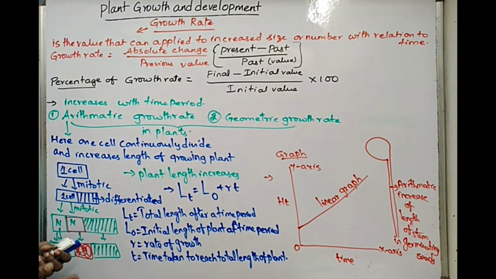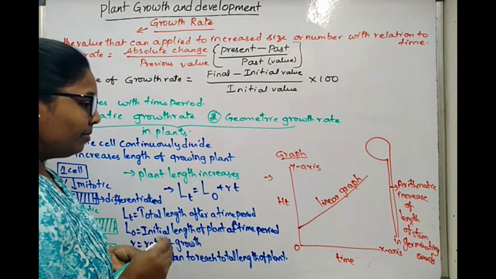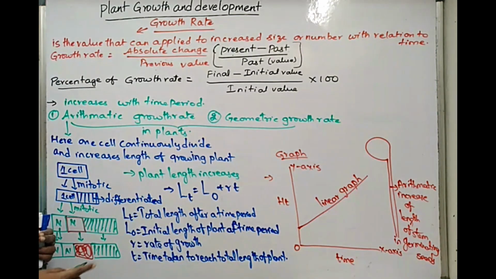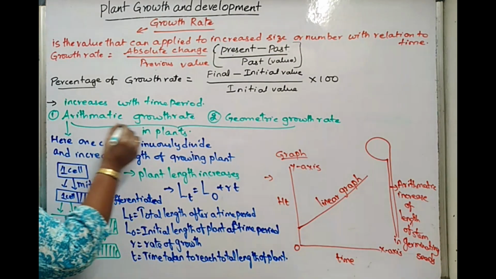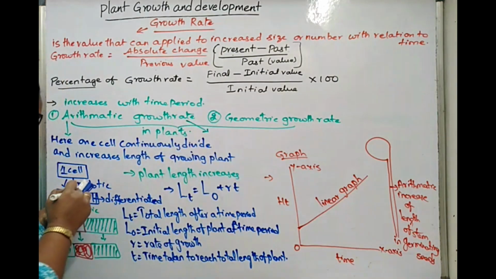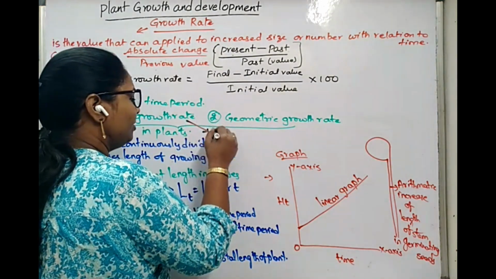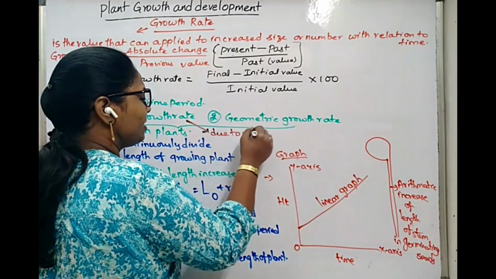So here the graph is linear. This linear graph is obtained because of what type of cells in a plant body? That is due to meristematic cells. So we can write arithmetic growth rate due to meristematic cells.